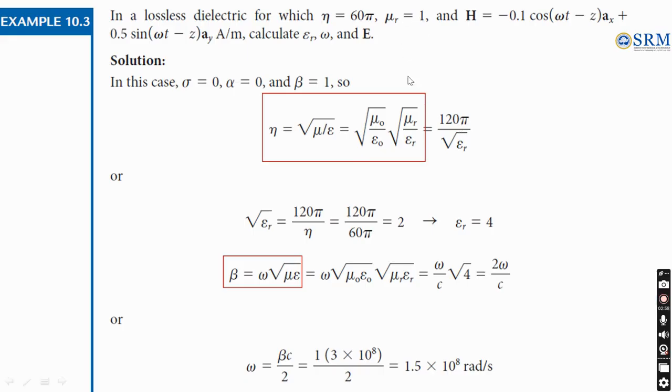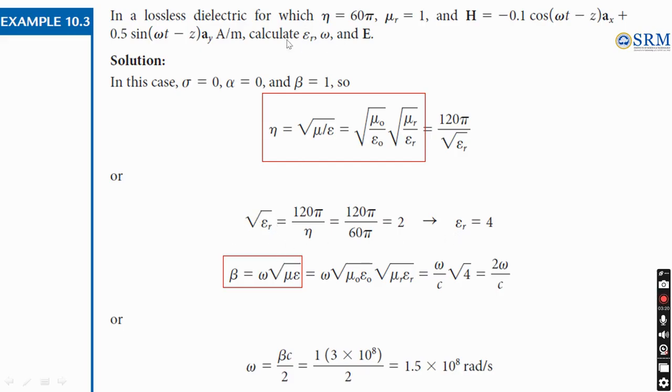And mu r is 1 given, so in the denominator I have root of epsilon r. So epsilon r is the unknown quantity, eta they have given. So if I take it to the left hand side, we get root of epsilon r is 120 pi divided by 60 pi. So we get 2, and then epsilon r is going to be 4.